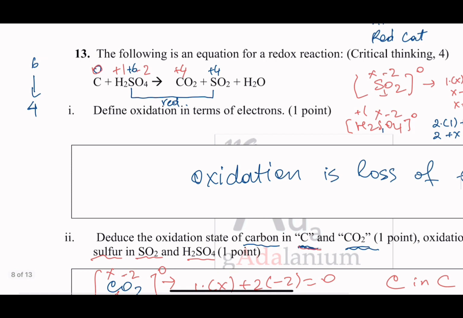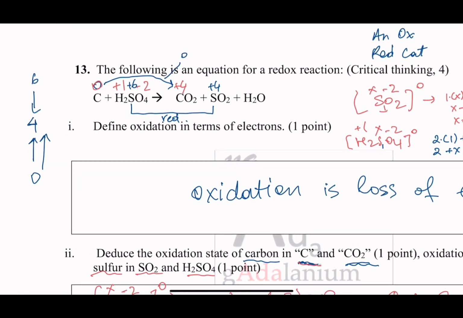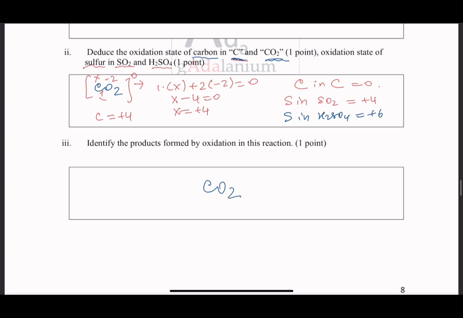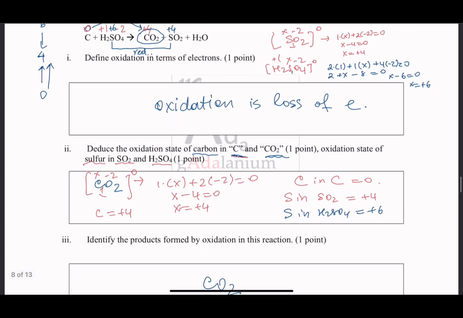But carbon went from 0 to plus 4. The number increased, right? That's why this is oxidation. And the product of oxidation is CO2. So you guys needed to write CO2 in here. Some of you did, some of you didn't, but next time just find where oxidation happened and choose that product.